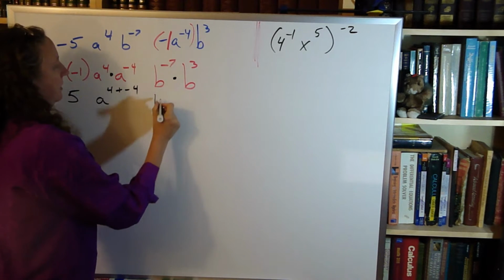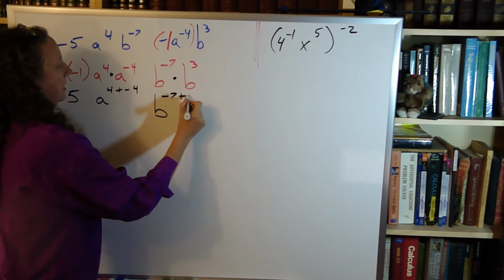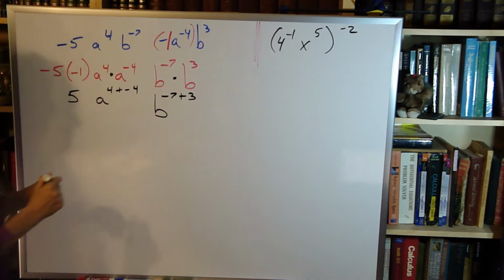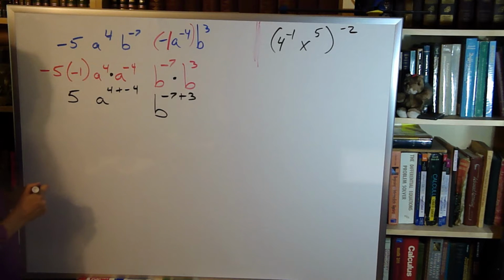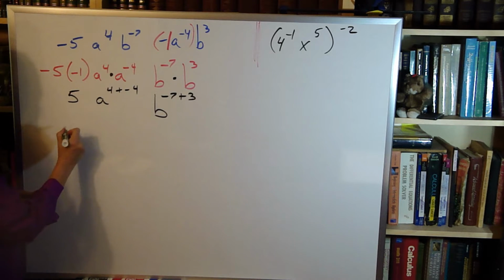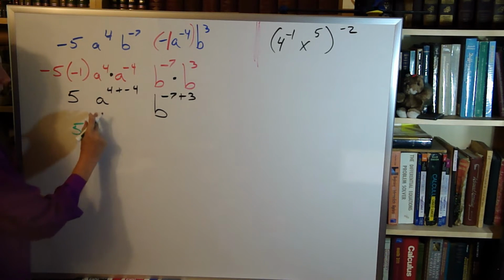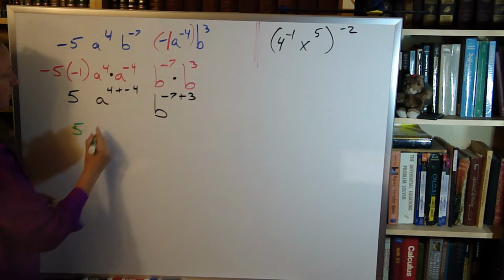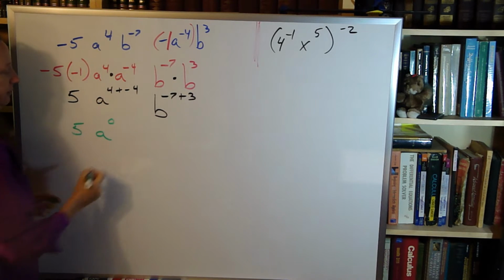So that's B to the -7 plus 3. Carry this forward. 5 is just 5. A to the 4 plus -4 gives me A to the 0.